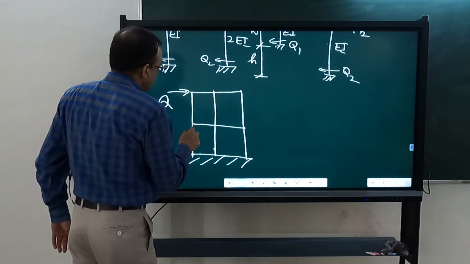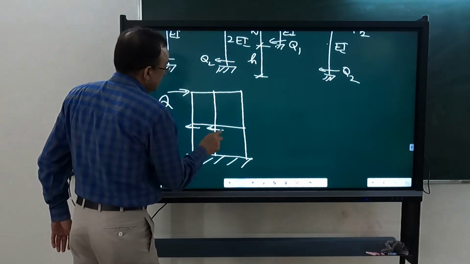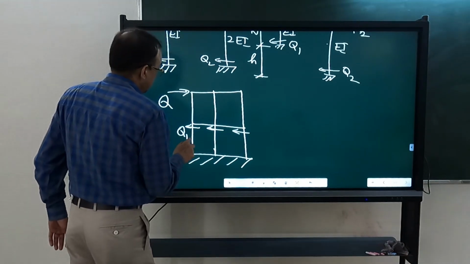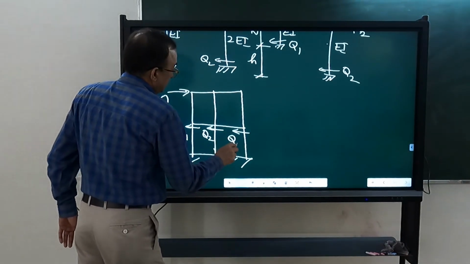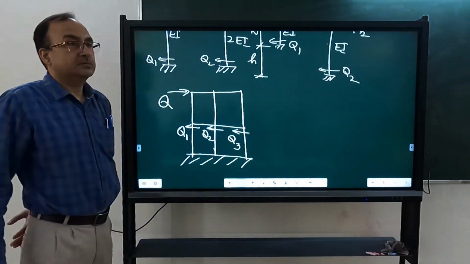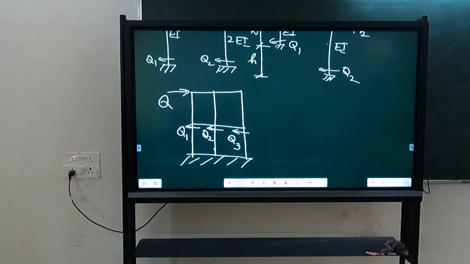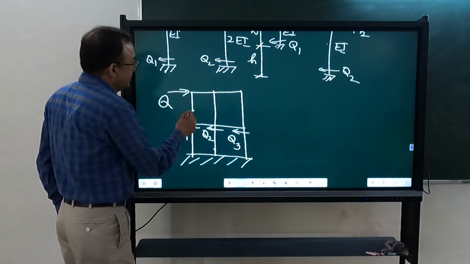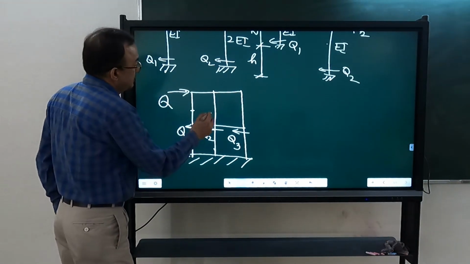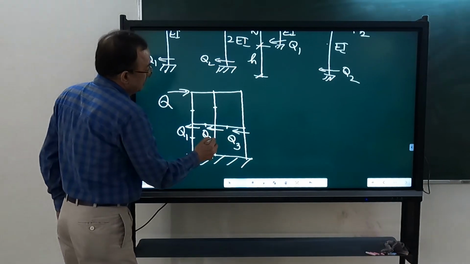Can we calculate how much force will go in the shear force of these 3 columns? Yes, we can calculate using the same method. The only thing is that now we have to consider the stiffness of these 3 sub-assemblies.